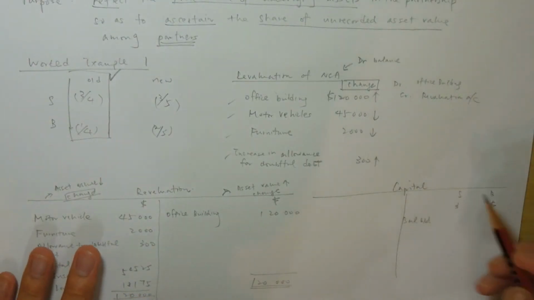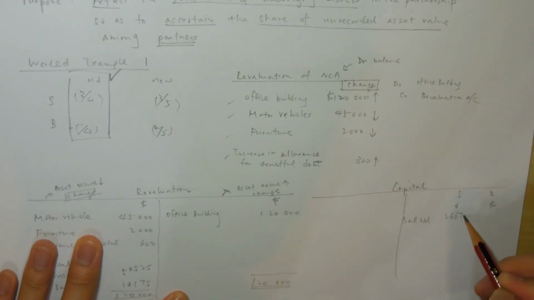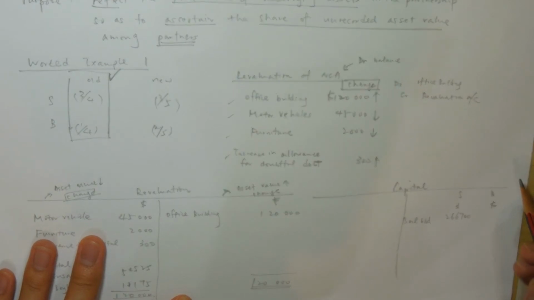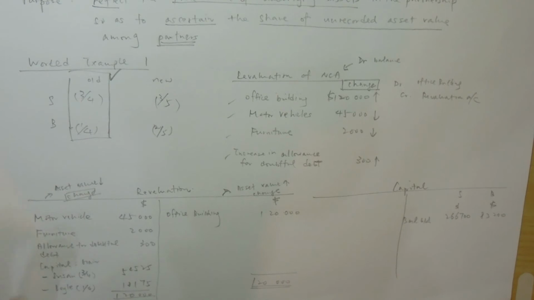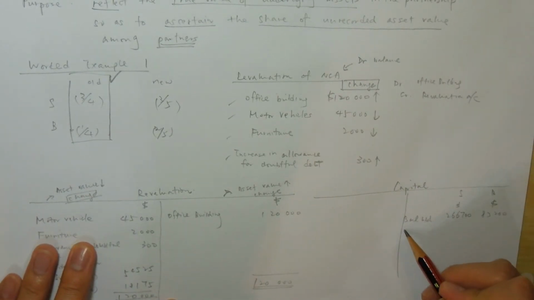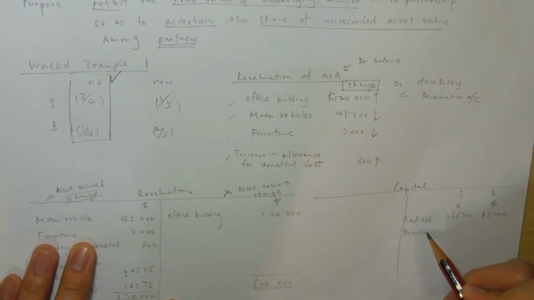The balance brought down for Susan is 266,700 and for Polly is 83,200. Debit revaluation, credit the capital. So this should be revaluation and this should be gain.